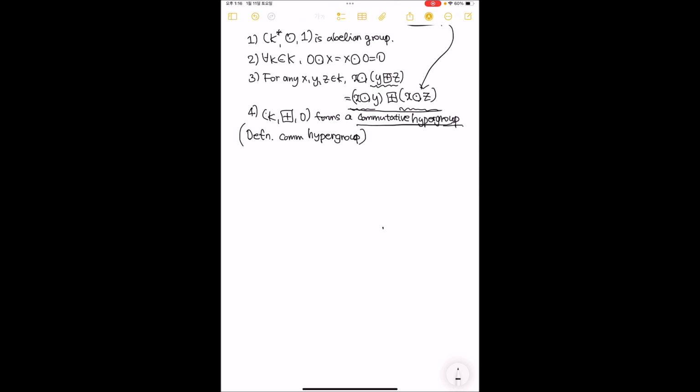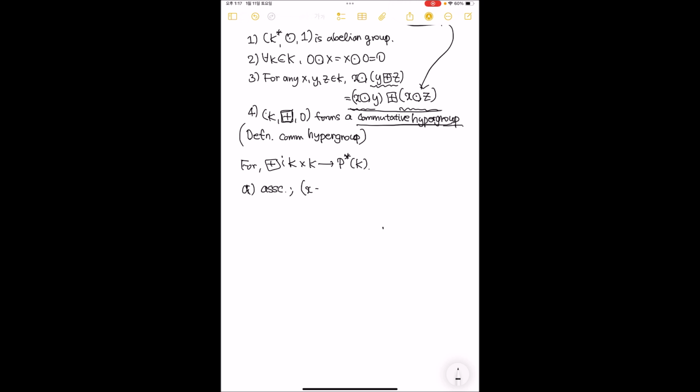The first is within the addition, the power set minus the empty set P. First, it holds the associativity law.